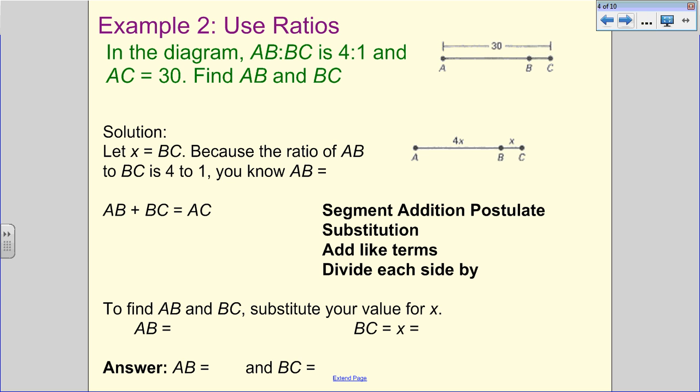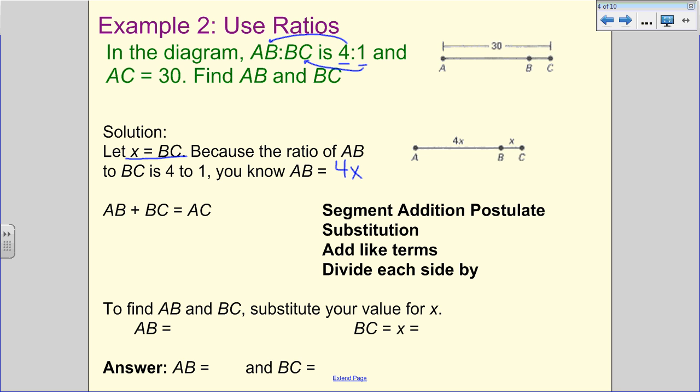We're always going to label our smaller segment with X. And so because this is 4 to 1, 4 goes to the AB and 1 goes to BC. So that's why X is equal to BC. They had that on the diagram. And so because that ratio is 4 to 1, we know that AB is 4 times that, so 4X. If it was a 2 to 1 ratio, it would be 2X.